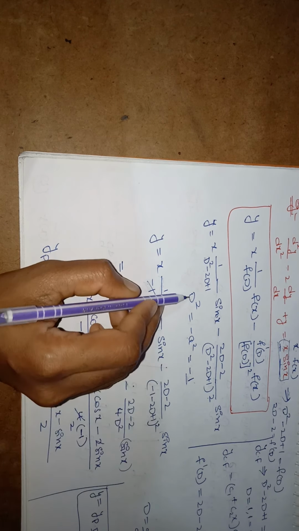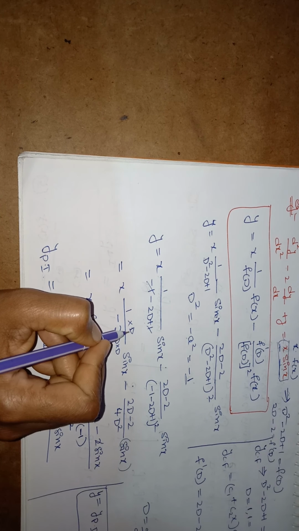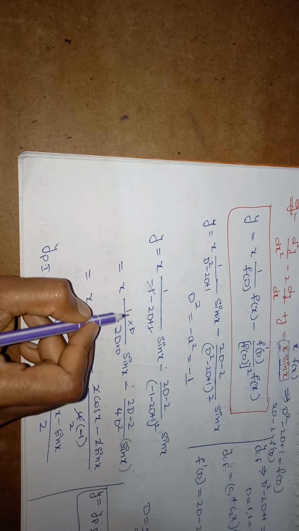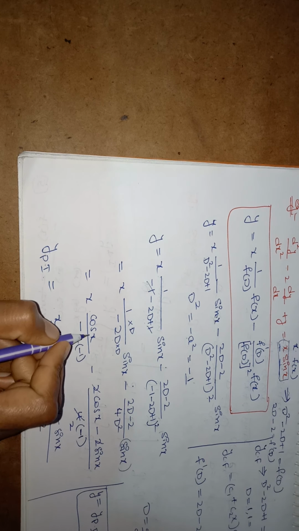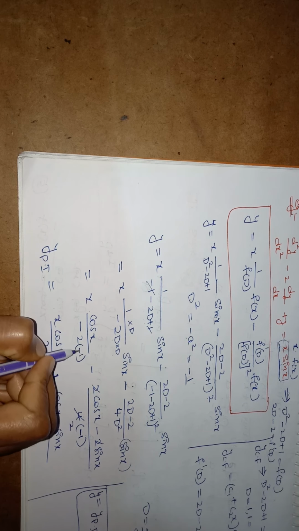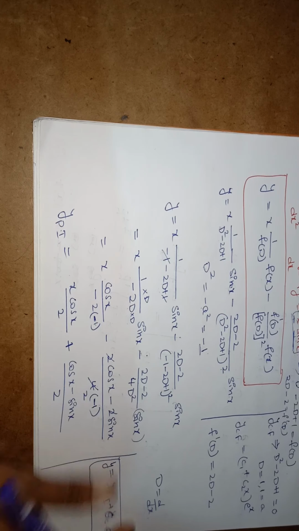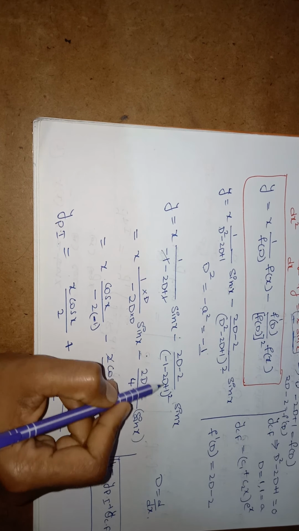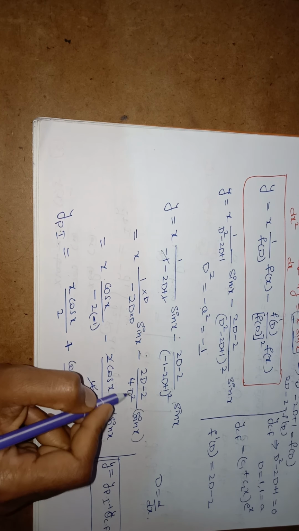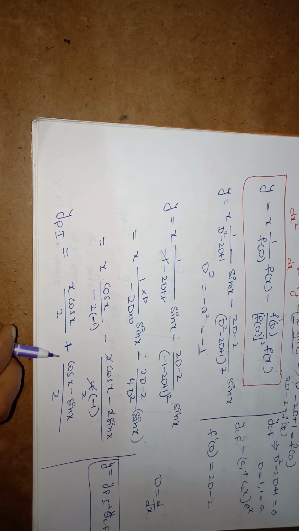We need D square to substitute minus 1, so I multiplied and divided by D. Now x into the differentiation of sin x is cos x, minus 2 into D square, which here is minus 1. For D square, you just directly substitute minus 1 in the place of D square and simplify.